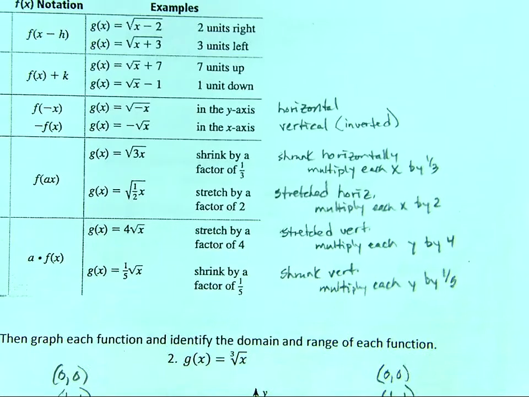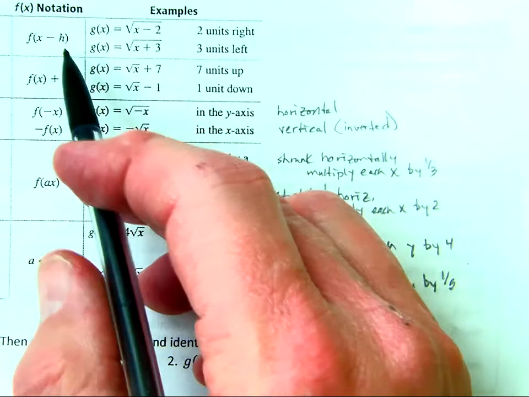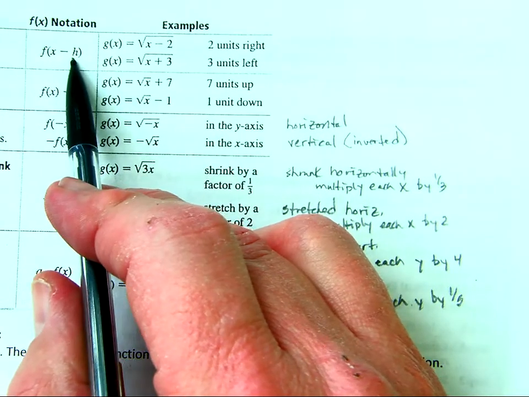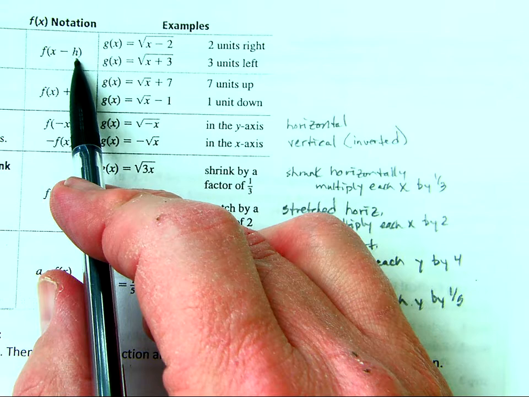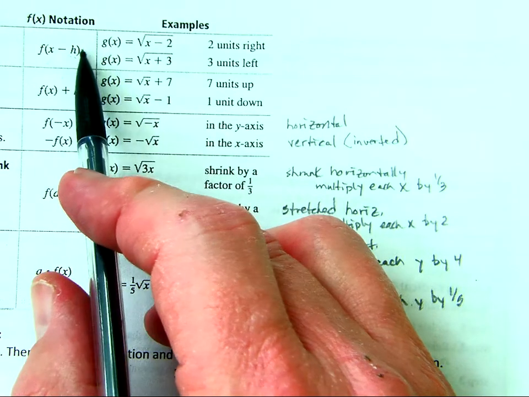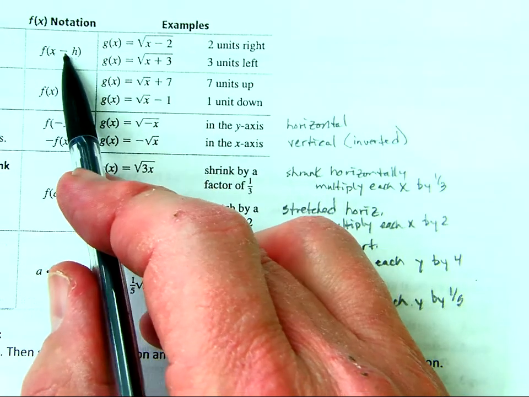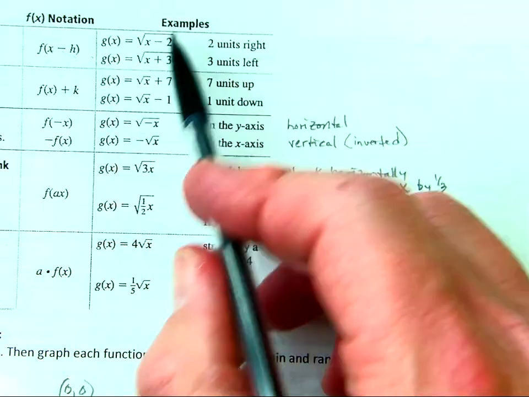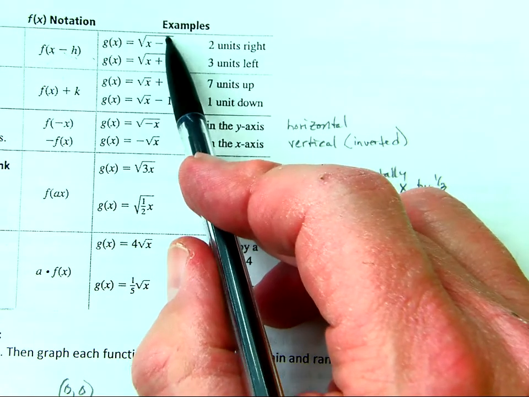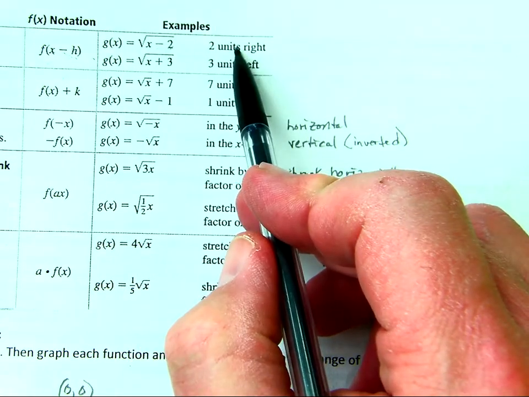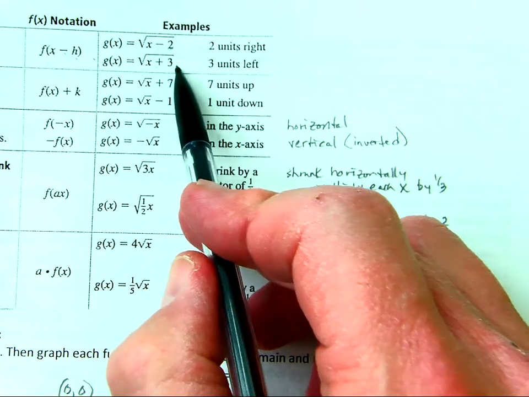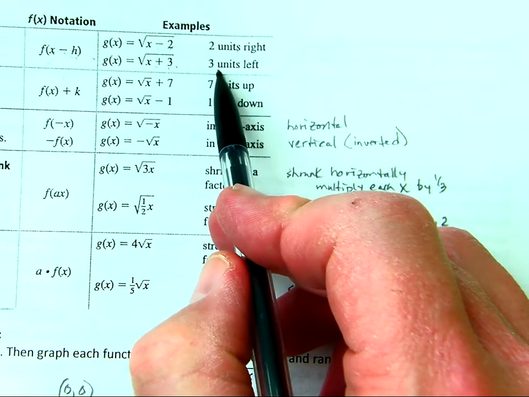Now, if we're moving the graphs around, it works just like we've done before with the quadratics and stuff. We have a horizontal translation. If there's some number in with the x, and that's x minus h, that tells us that we shift left to right. And you always think opposite because it's x minus h. So if it's x minus 2, that means h is 2, so that's right 2. If it's x plus 3, that means h is negative 3, so that's left 3.